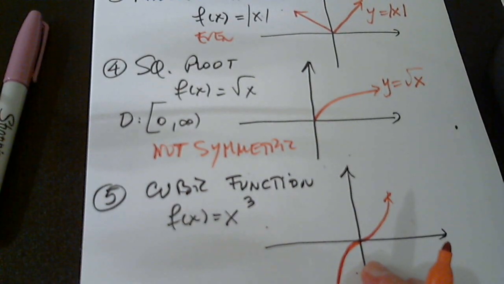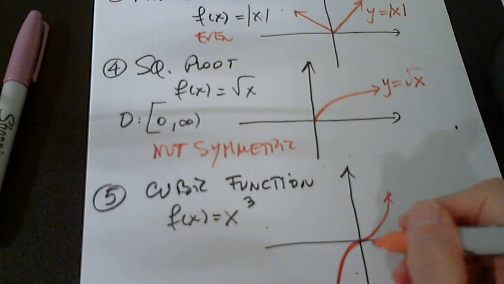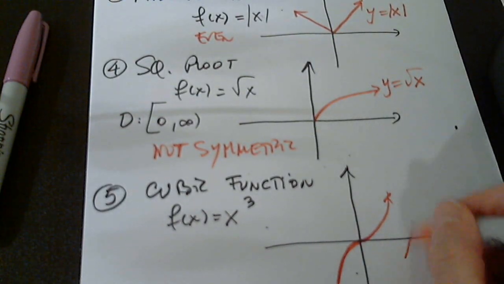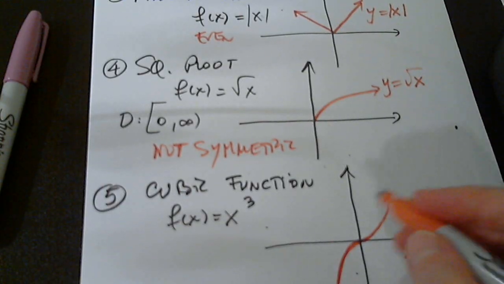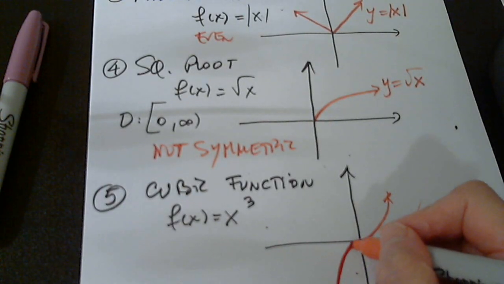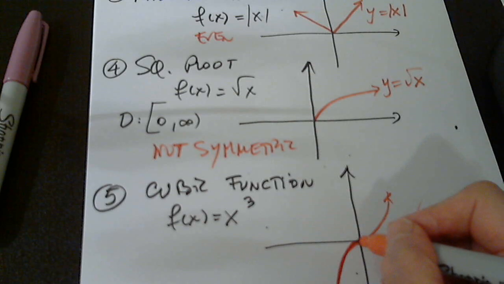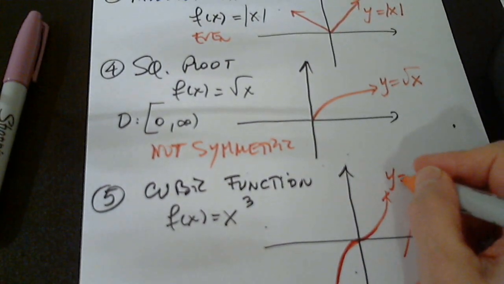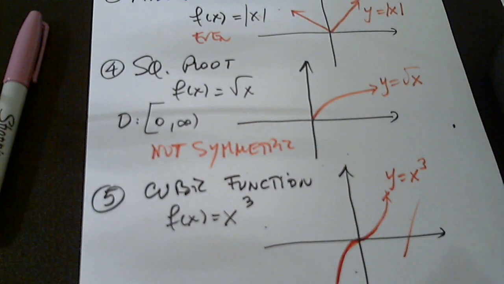Notice one thing. I didn't graph the x-intercept like this. I graphed it smoothly. It's only one, but not like this. So this is y equals x cubed. I'm emphasizing this because we're going to talk about it in chapter 3: the way the function crosses the x-axis.